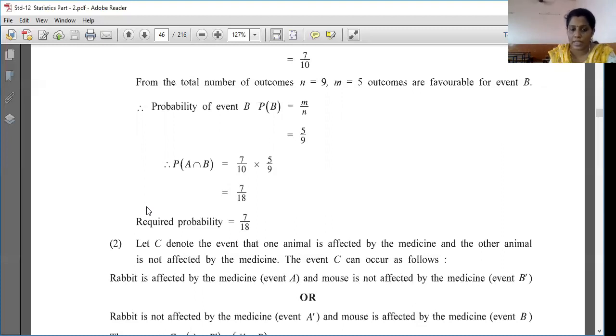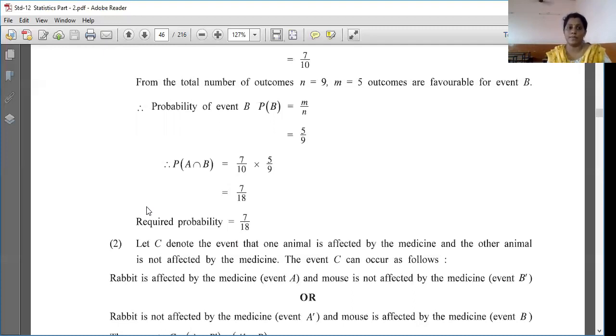So what we can take: either the rabbit, the first condition is that the rabbit is affected by medicine, that is event A, right? Not affected will be A dash. For both animals, for the rabbit we take A and for the mice we take B. If the rabbit is affected then A, if the rabbit is not affected then A dash.